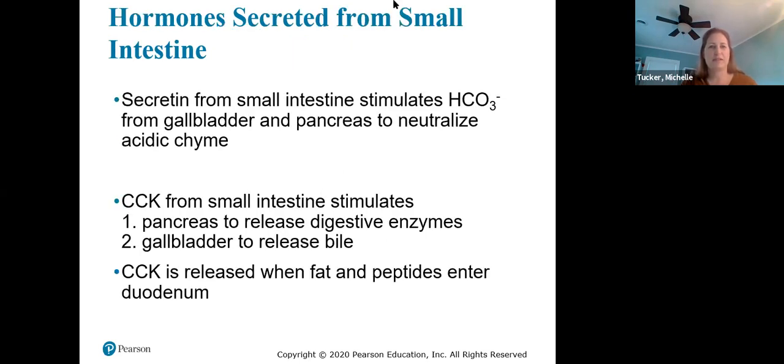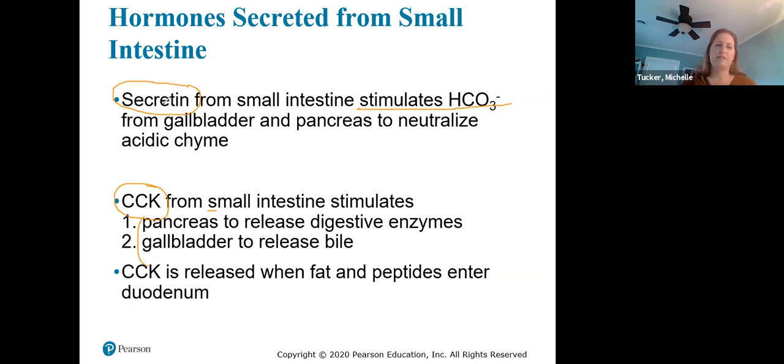This is reviewing the hormones of the small intestine. The small intestine does secrete secretin and cholecystokinin. Both of these are going to aid in digestion. Secretin stimulates bicarb, and cholecystokinin stimulates the pancreas and the gallbladder.